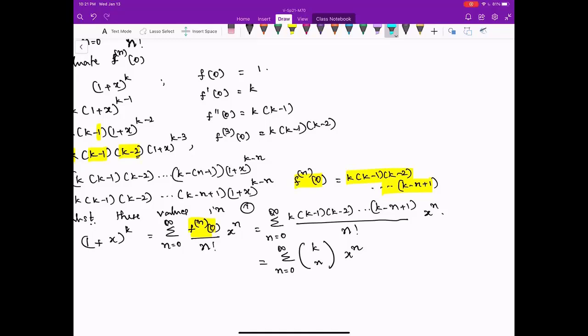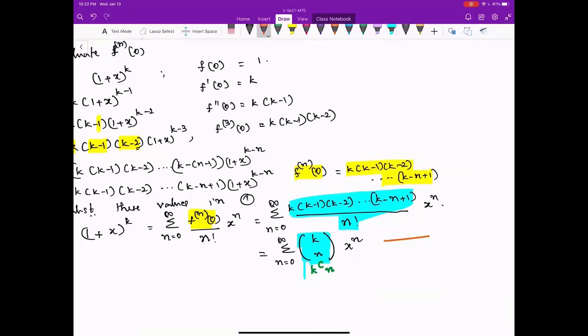It can also be written as kCn. Sometimes the calculator uses this symbol. It's the combination of n things out of k things, or selecting n things out of k things. So it's a topic from permutations and combinations. In short, the representation can be written like this.